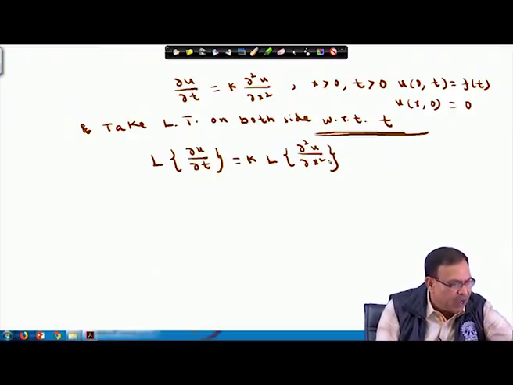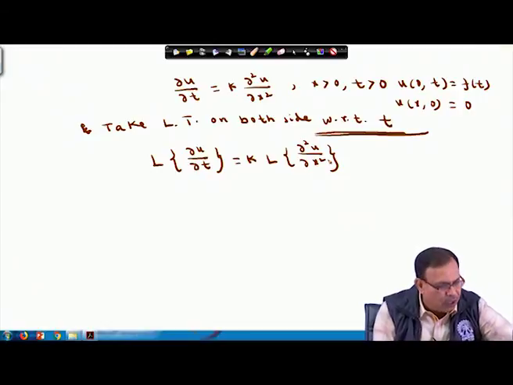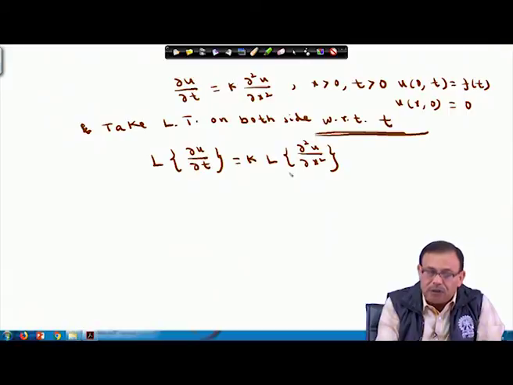And we have the formulas effectively for the Laplace transform of the second derivative. We are taking the Laplace transform on both sides with respect to t.